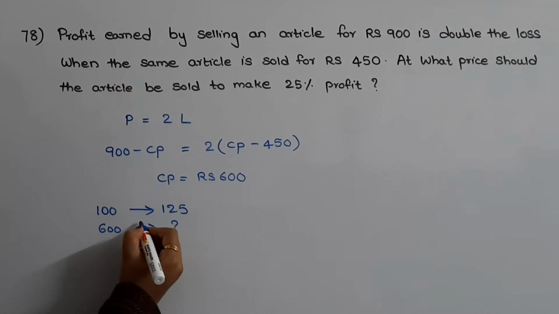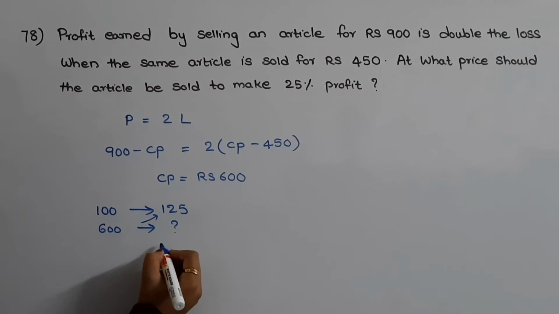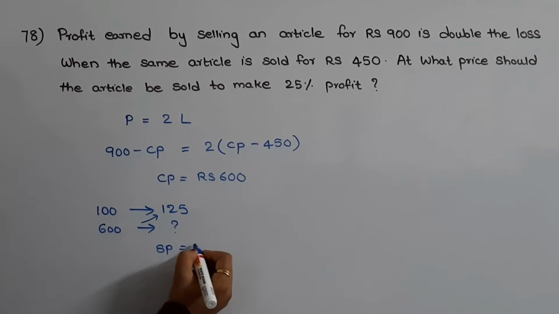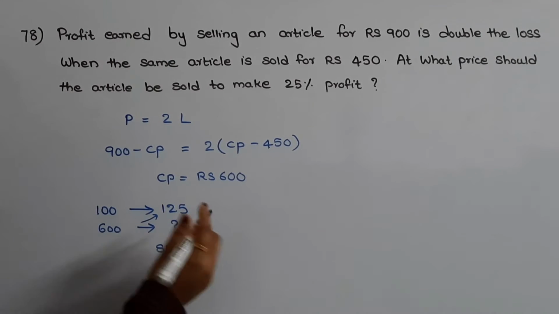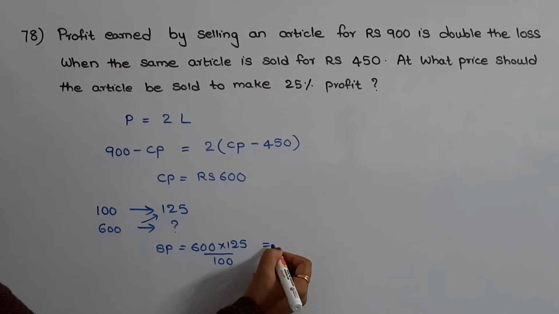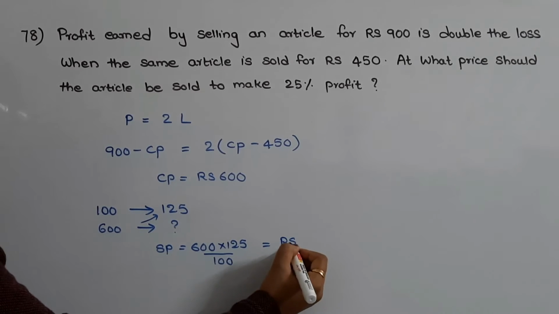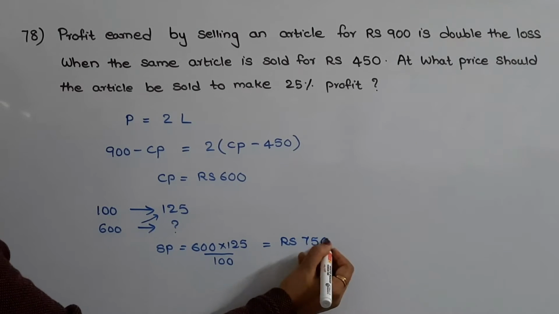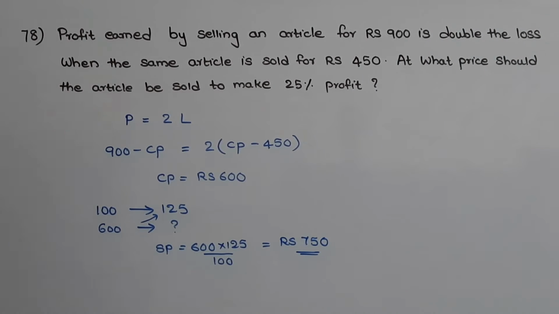This we can find out by cross multiplying. The selling price will be equal to 600 into 125 divided by 100. On solving this you will get the answer as rupees 750. So this is the answer.